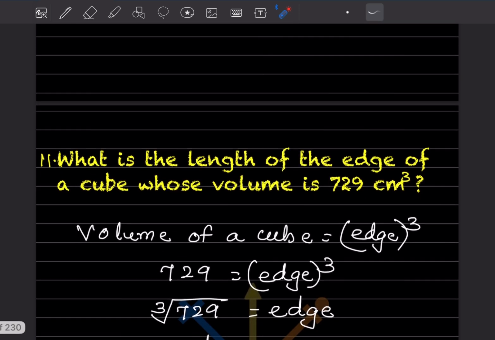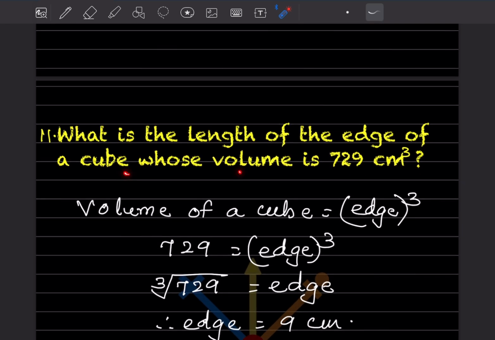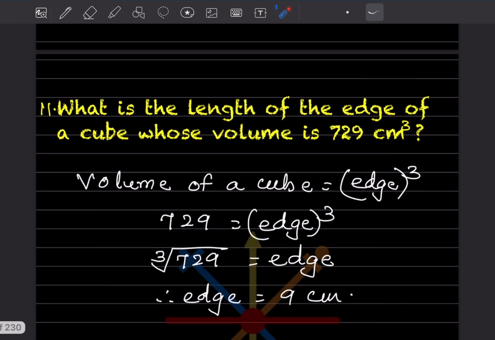What is the length of the edge of a cube whose volume is 729 centimeter cube? We have the formula, volume of a cube is the edge cube. The volume is already given, that is 729. So below this we can write 729 is h cube. If you take the cube root on both sides, the cube root of 729 is going to be h.